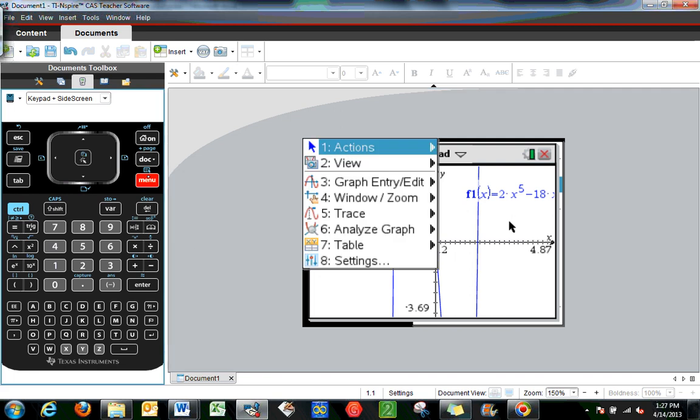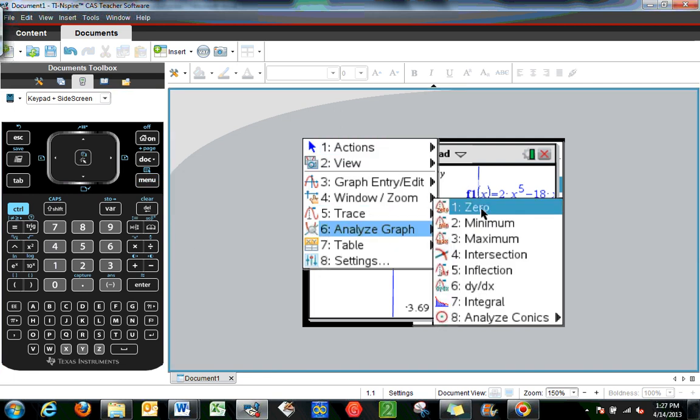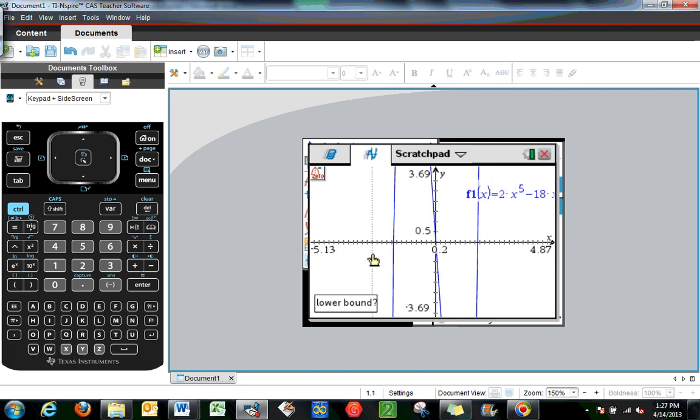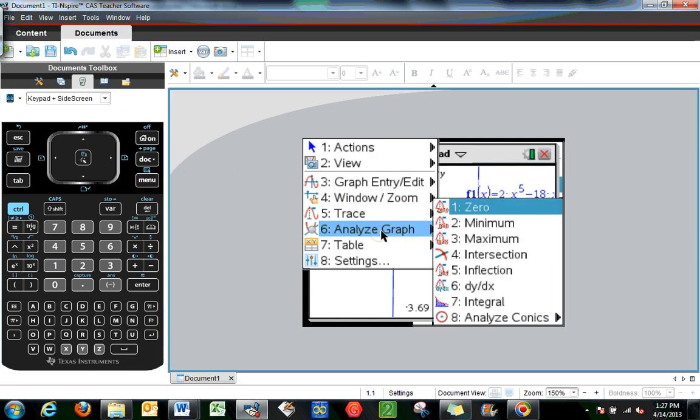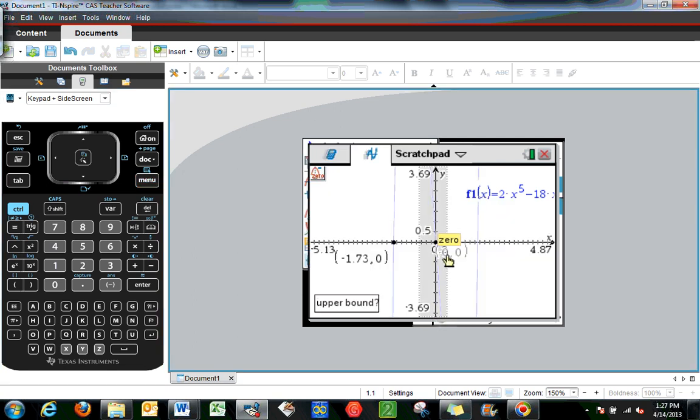And so I'm going to go Menu, I'm going to do Analyze Graph, and I want to take the zero. And if you recall, we just need a lower bound and an upper bound, and you can see that that's one of our zeros, negative 1.73. I can do that for the other zeros as well. So if I do it on either side of that, you can see that we have a 0 there.